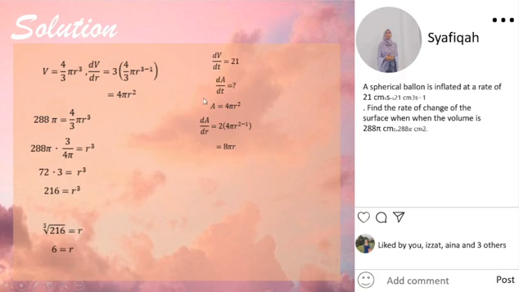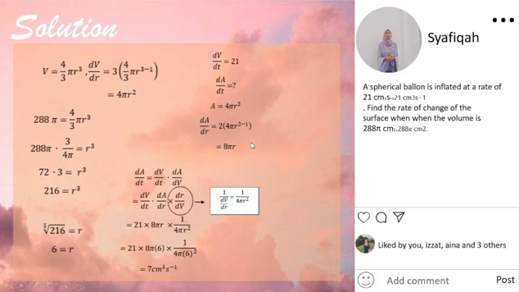The surface area is A equal to 4 pi r squared. If we differentiate this area, we get dA over dr equal to 2 bracket 4 pi r to the power of 2 minus 1 close bracket, equal to 8 pi r.